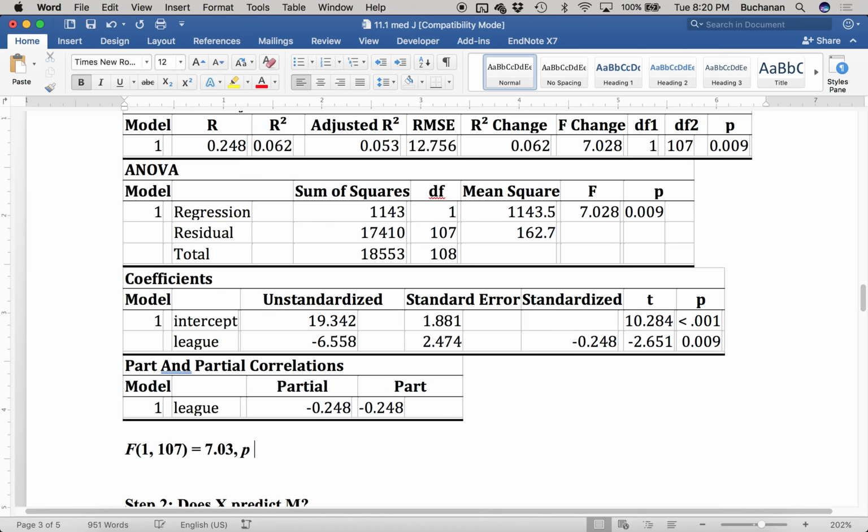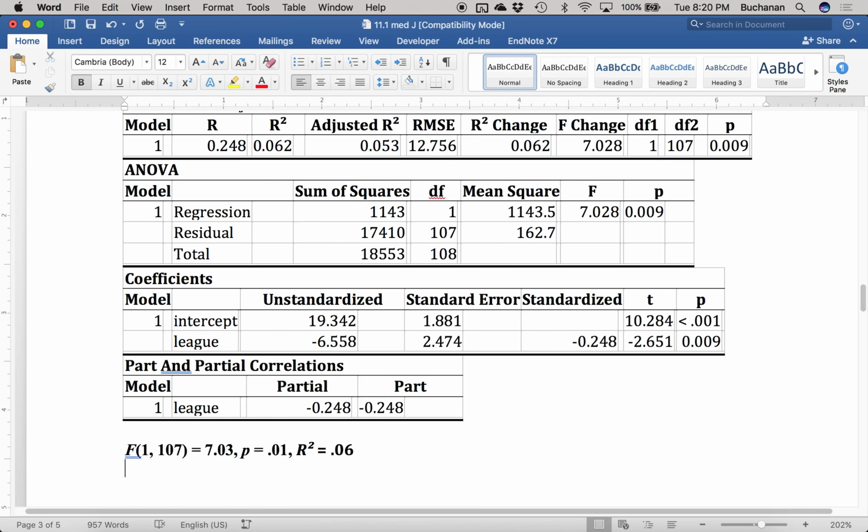Our p-value is 0.01 if we round up. Our squared statistic, and all the funky fonts, is 0.06. So that is significant.